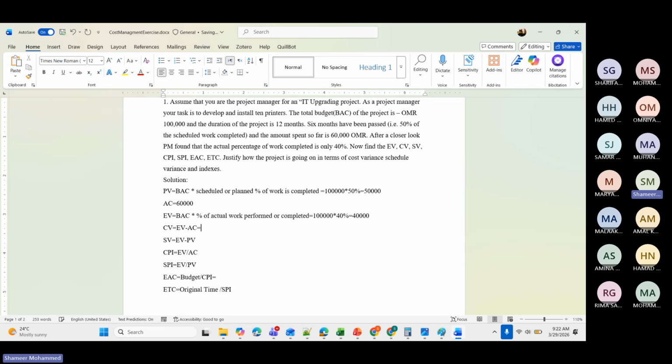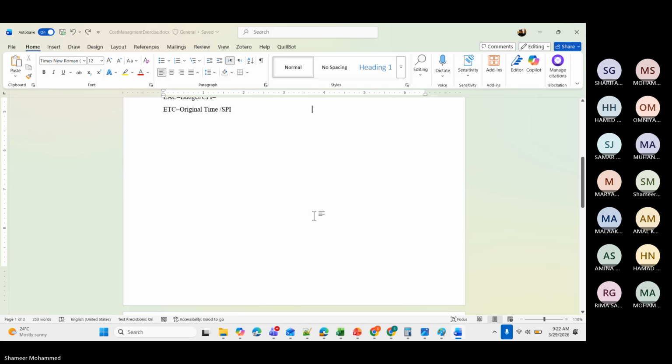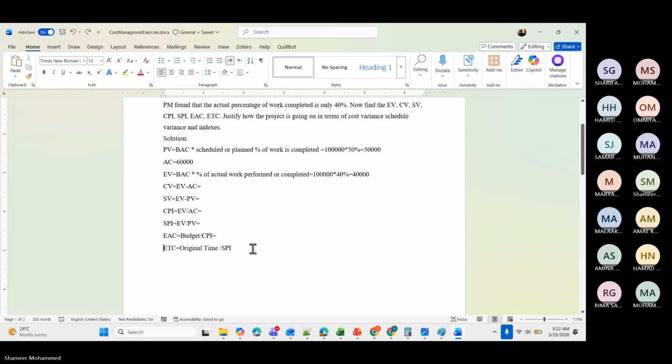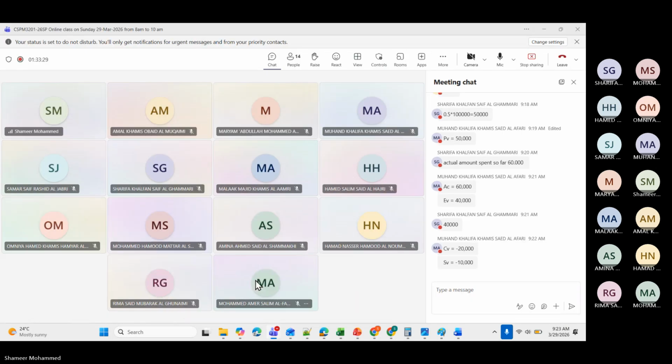Now it is easy for you to calculate this one. So earned value minus actual cost, how much? Minus 20,000.